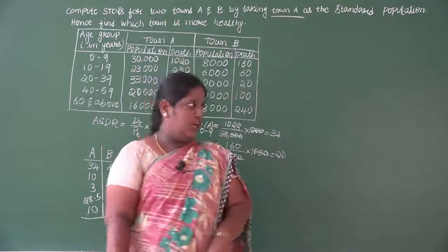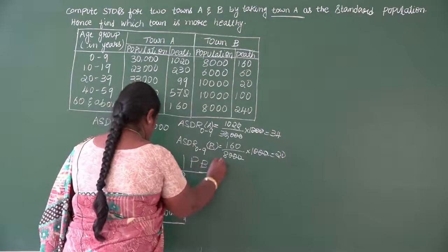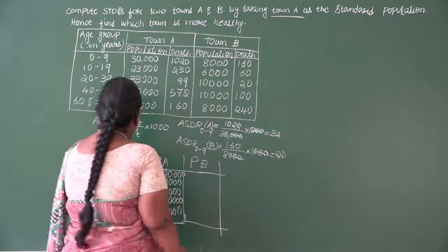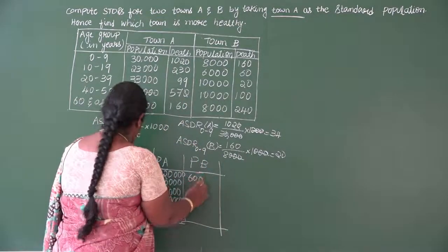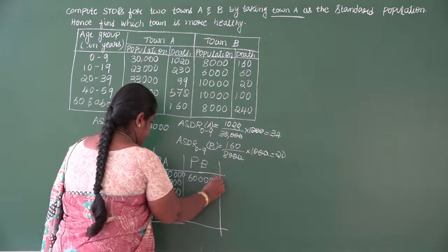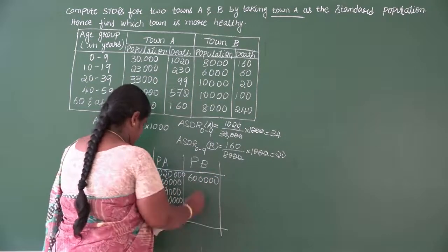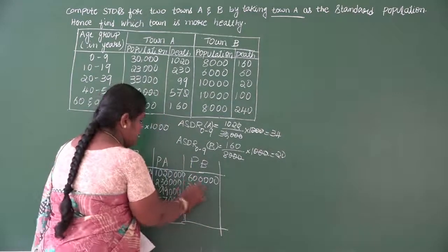Similarly, we will find PB. Multiply 20 into 30,000. Then the next one, 10 into 23,000, is 2,30,000.